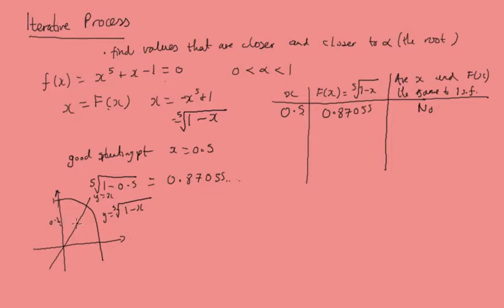So 0.5 is here. Now the value for f of x is up here, which is not very accurate. So now the value that we got for f of x, we're going to make into our value of x, and we're going to slot this in.